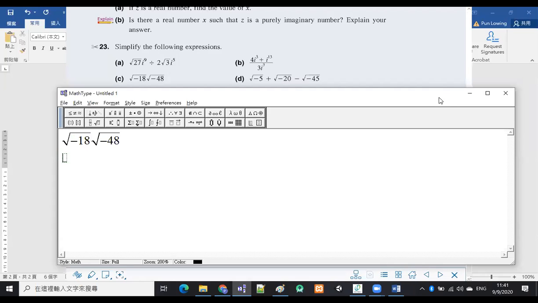So we have the square root of a negative number. The first step, we need to separate the number from the negative 1. Then it's 48 times negative 1, and then split into 2 parts: square root 18 times i, and then times square root 48 times i.